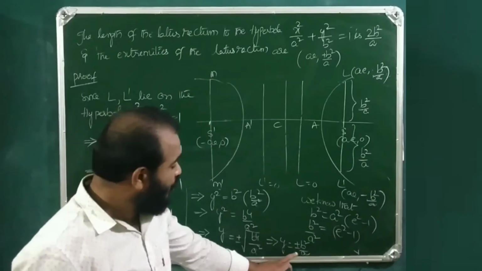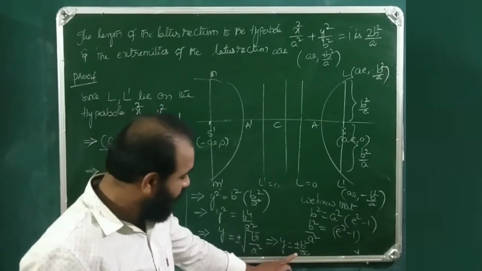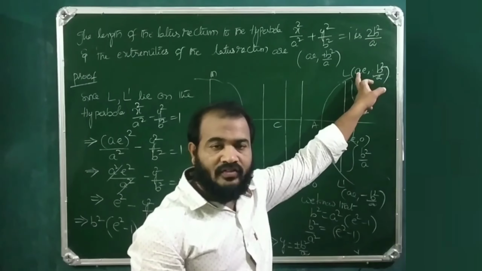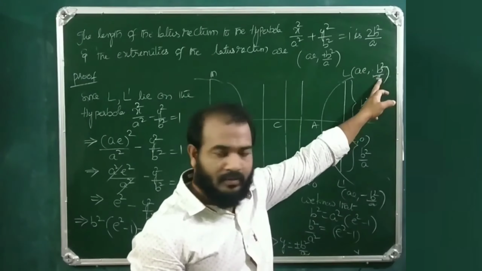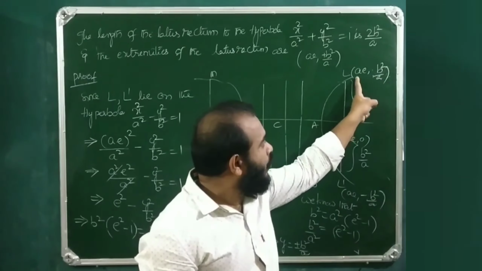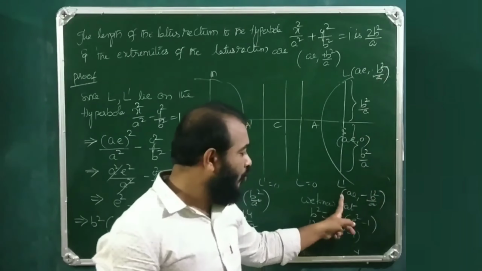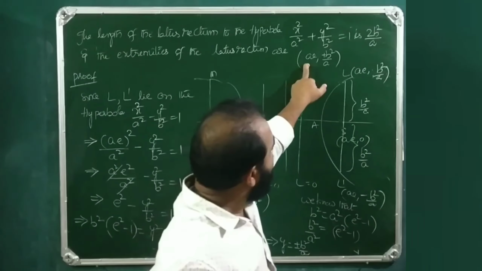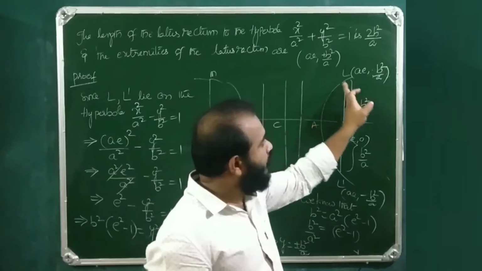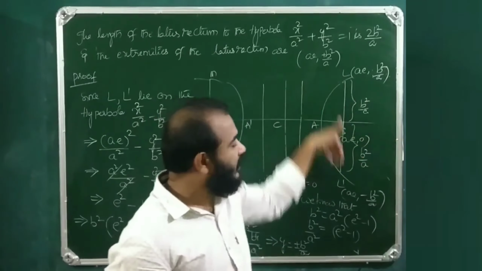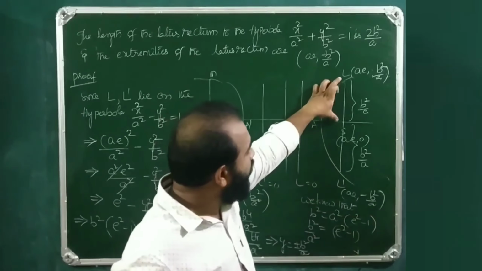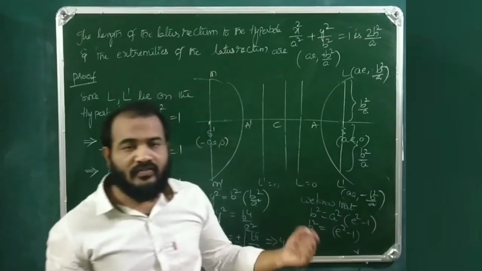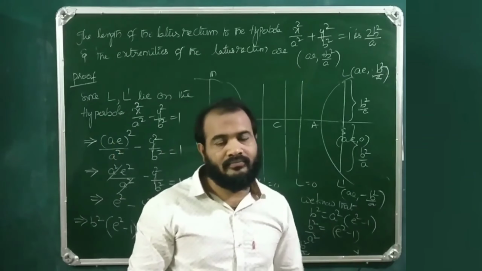Y has got two values, b square by a and minus b square by a. So in the first quadrant, this is plus b square by a, because this is positive, and this is negative. So therefore AE comma plus or minus b square by a are the ends of the latus rectum, and b square by a plus b square by a is 2b square by a. Length of the latus rectum is 2b square by a.